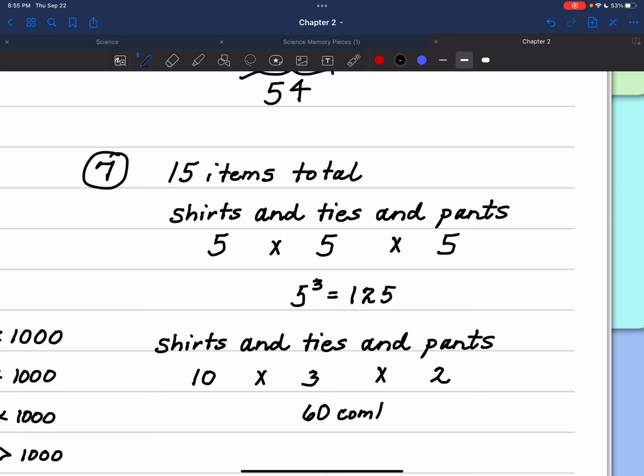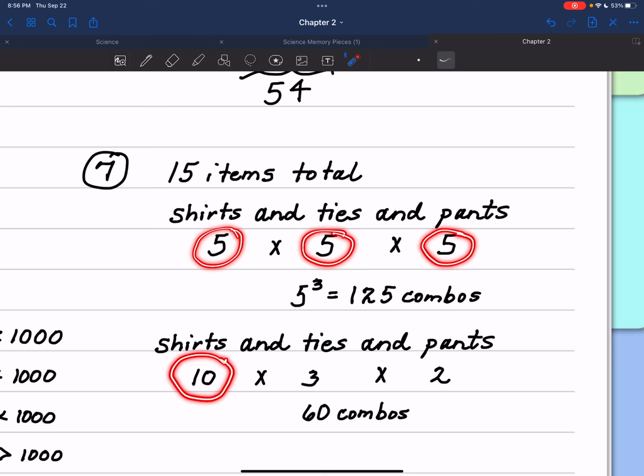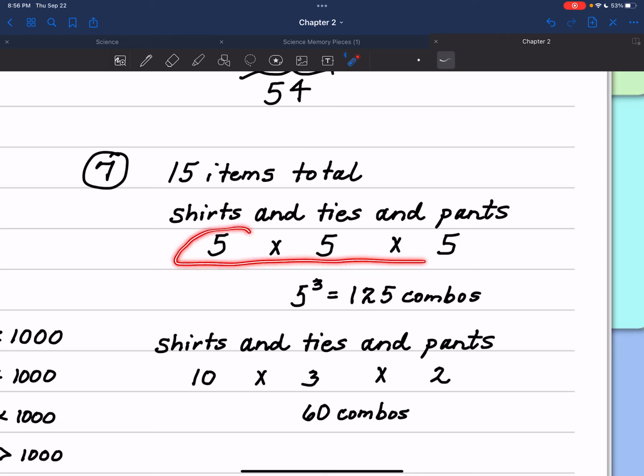So in order to maximize the number of outfits, the number of combinations that he would want, it's better to have an equal number of items than one big number. That's just kind of a general rule of thumb. So that's how I knew to go for this combination. It's just a matter of experience with these problems.